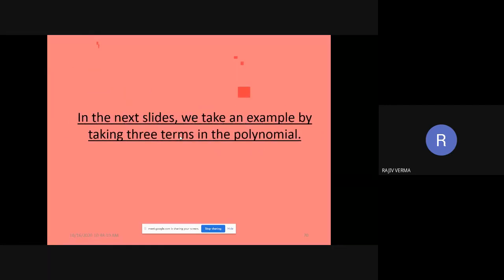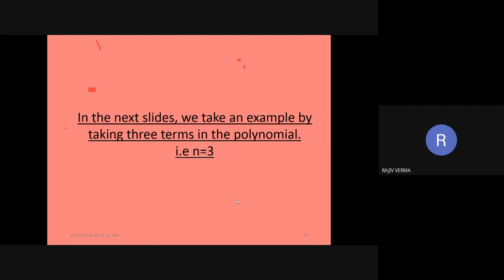In the next slide, we will take the example by taking three terms in the polynomial. We are actually going to take a polynomial which is going to contain three terms, and then we are going to repeat all the steps to solve the problem numerically.